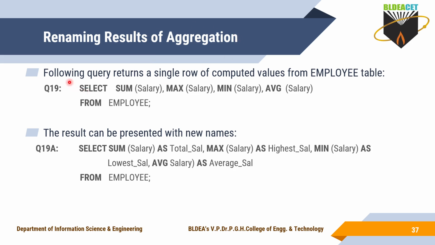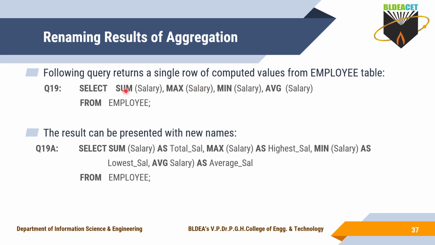This is one example. The following query returns a single row of computed values from the employee table. Select, and here you specify the attributes you want to retrieve. Here I use the aggregate functions sum salary, max salary, min salary, and average salary.